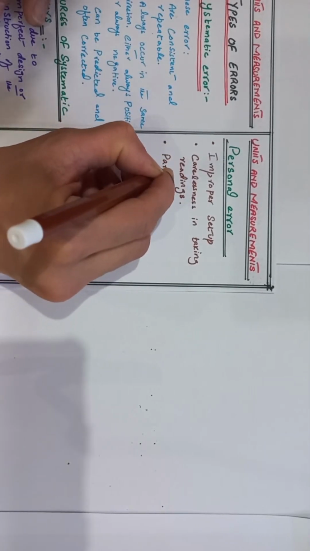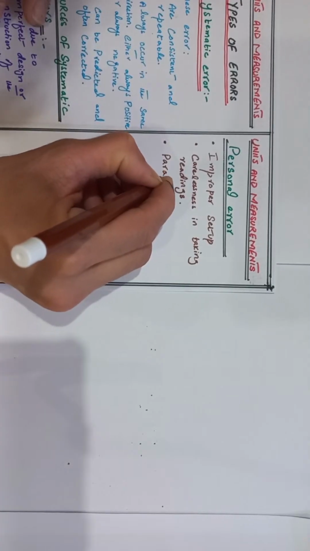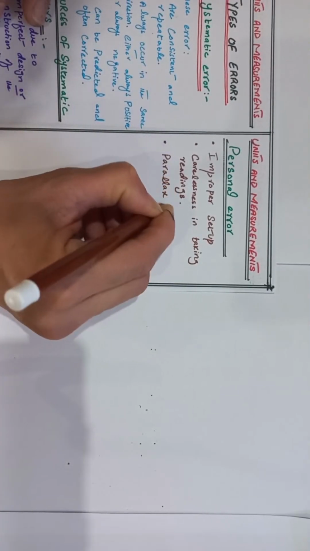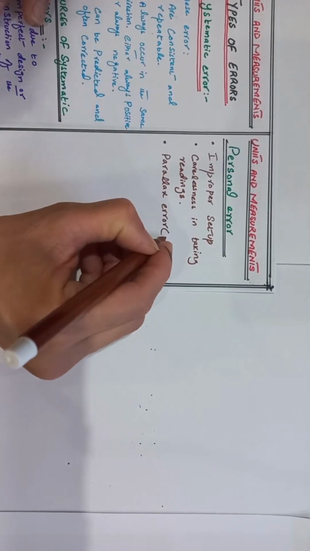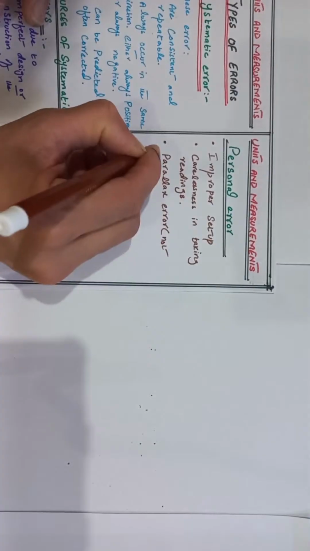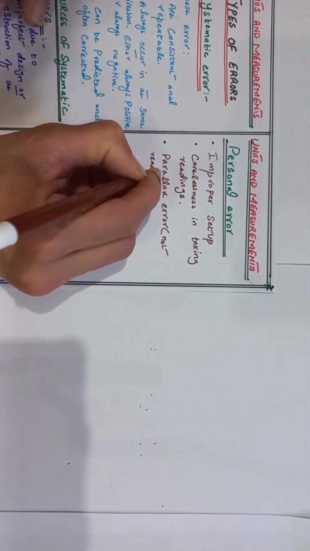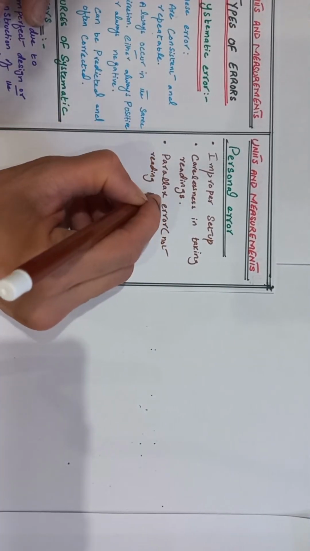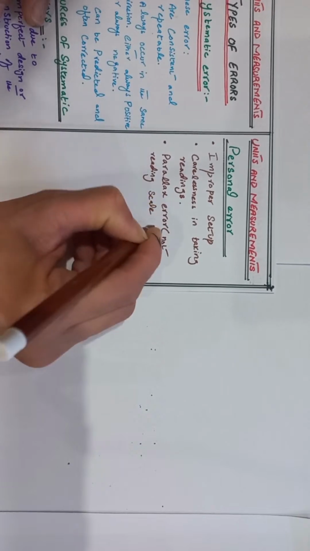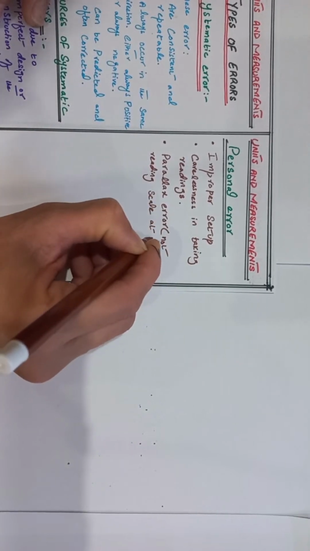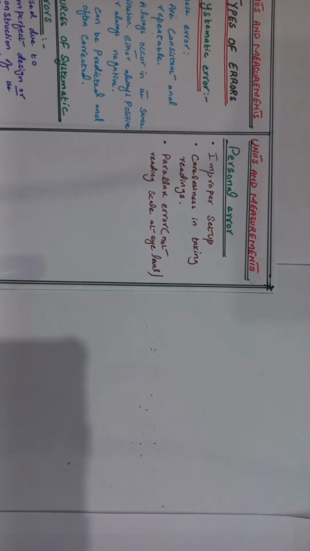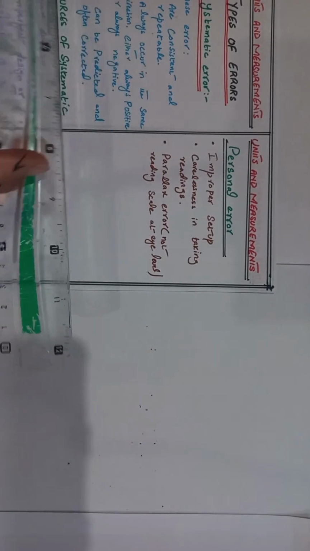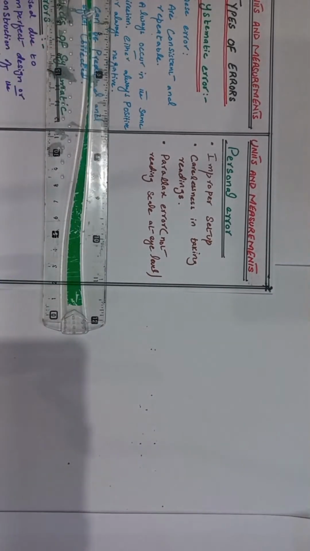Okay, now we discuss what is the parallax error. Parallax error is not reading the scale at eye level. Okay, now we discuss how we minimize the systematic error.